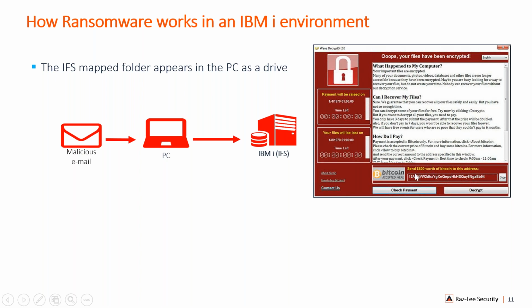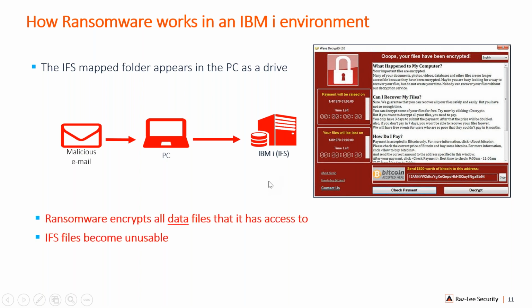You have the full instruction, pay it in Bitcoin so that it's not traceable, and then we shall provide you with the decryption key, or not. So the problem is that the ransomware encrypts all the data files that it can access, and the IFS files in this way become unusable.